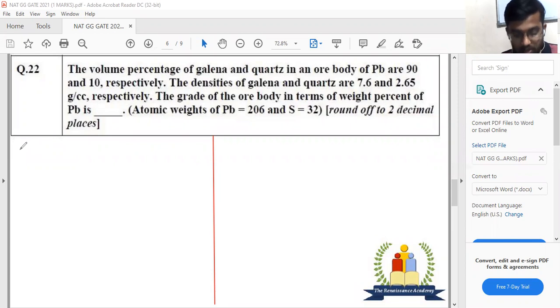The atomic weights are given, rounded up to 2 decimals. So first here we need to consider, let's say, the volume is 100 centimeter cube.